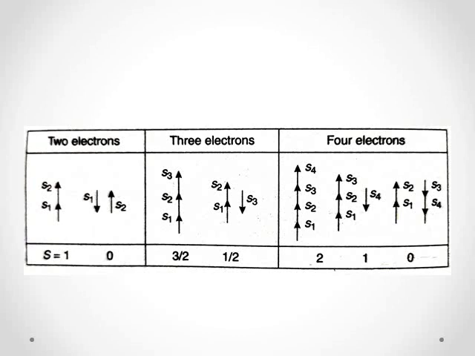If 3 are parallel and one is anti-parallel, the resultant will be 1. If 2 are parallel and 2 are anti-parallel, they cancel each other and the resultant will be 0.